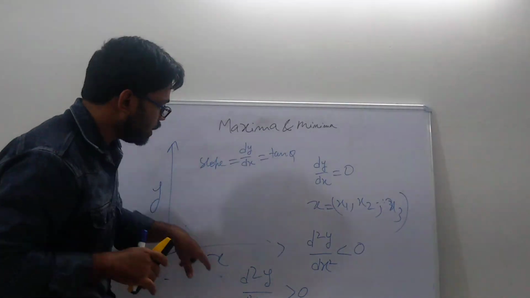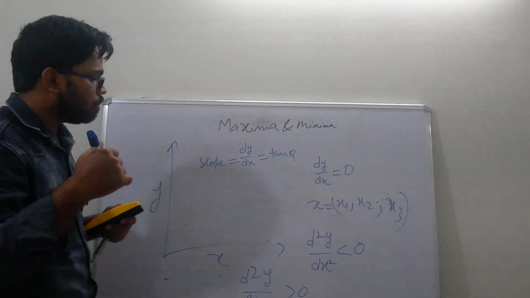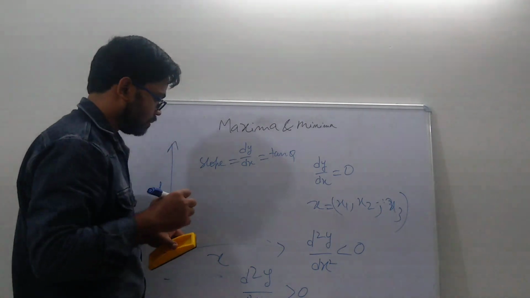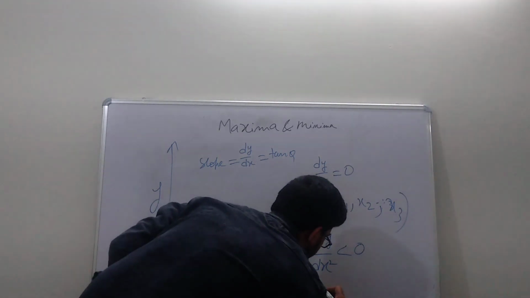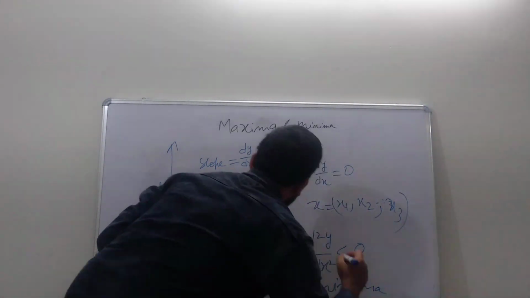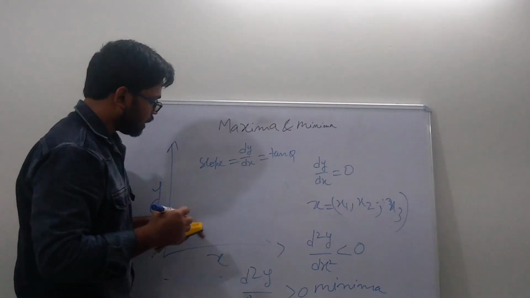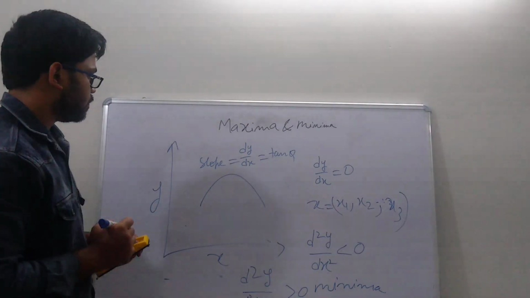So the double derivative is always greater than 0. This is the condition for minima. Let's see how maxima occurs. Maxima occurs when we have this type of scenario.